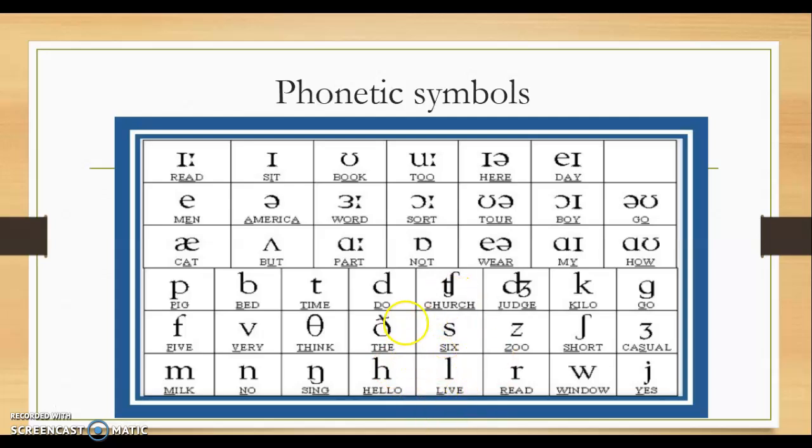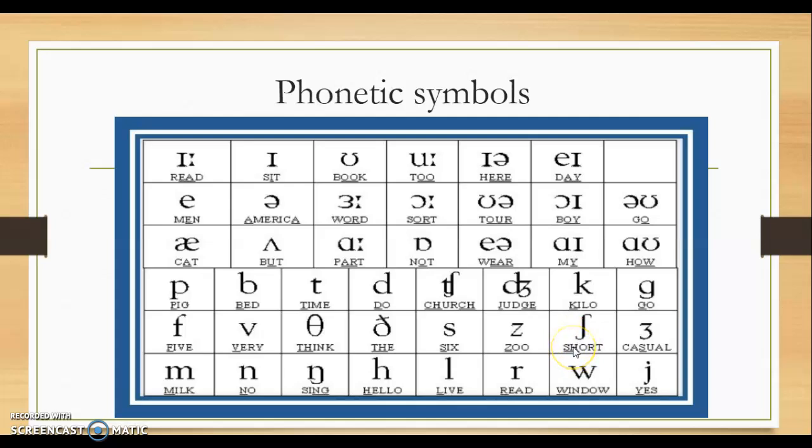This symbol, when you see a CH in a word, that means that we are going to pronounce it like this. Church. Okay? Different than this, which is judge. Okay? And we have this one, which is different from our alphabet. Shh.